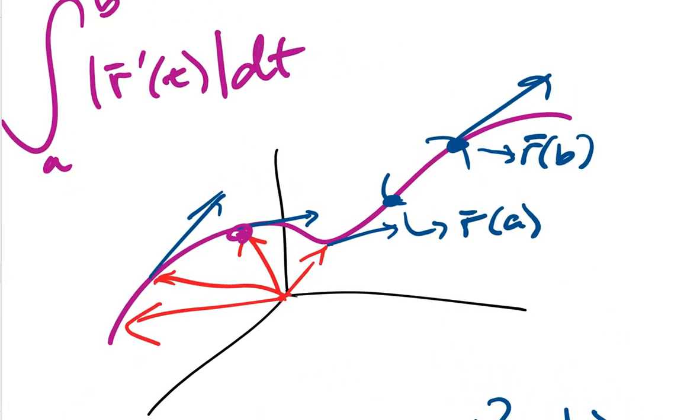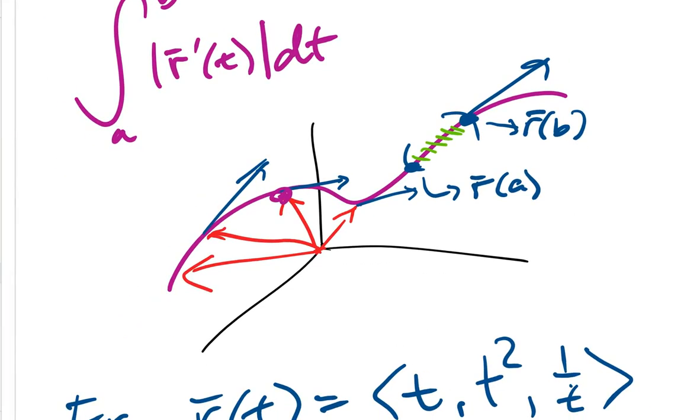And what I'm interested in doing is finding the length of the curve between 2 values, A and B. Now, the length of the tangent vector is the norm of r prime of t, with these brackets around it. So this is the length of a tangent vector.